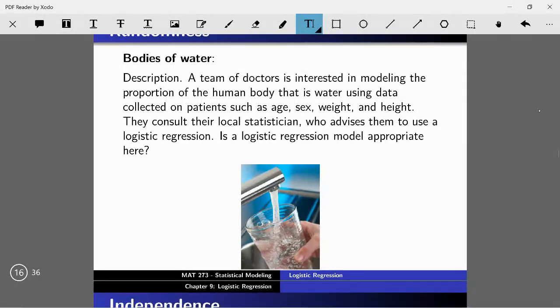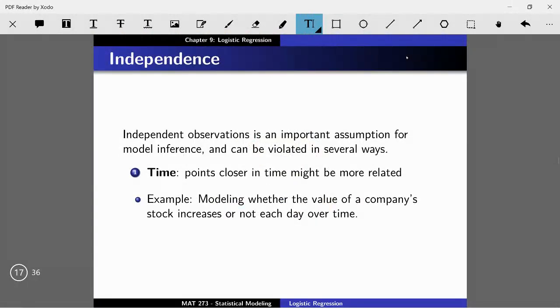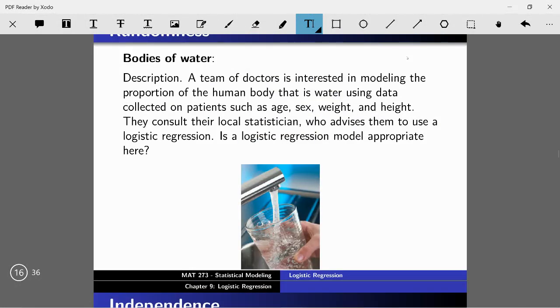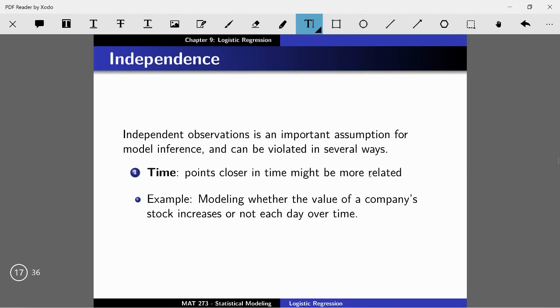For each person, we'd get a measurement like that, but we need it to be zeros or ones to model with logistic regression. So actually, we could use just regular linear regression in this case, or a different type of model that can handle this better. So logistic regression was not appropriate in this case because although we might have a random sample, the response needs to be discrete or binary.